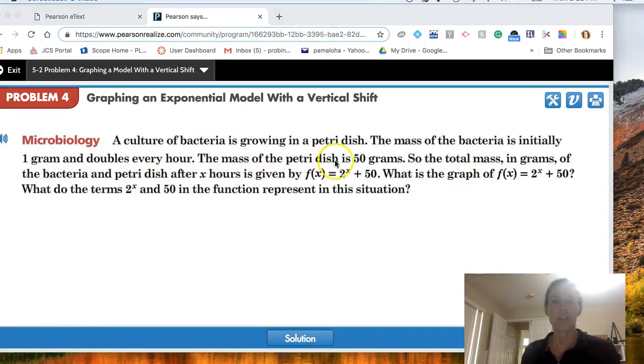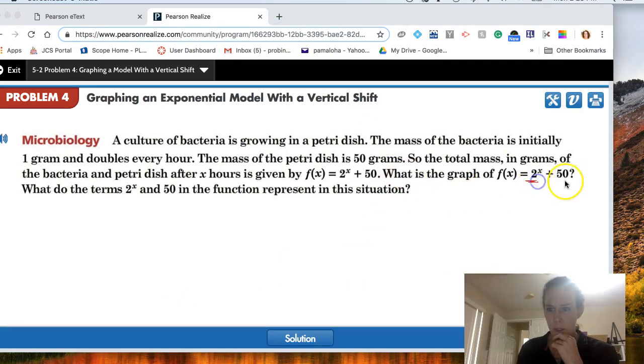The mass of the petri dish is 50 grams, just the petri dish. So the total mass in grams of the bacteria and the petri dish after x hours is given by this function, 2 to the x plus 50. What's the graph of the function, and what do the terms 2 to the x and 50 in the function represent in this situation? Well, what do they represent is the easiest question to ask right off the bat.